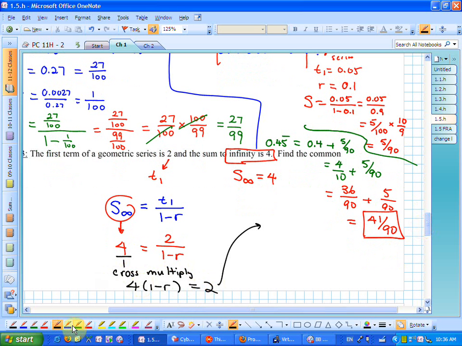Then I guess you can expand, so I'll distribute the 4, and go ahead and solve for R. So there you have it. R equals 1/2.